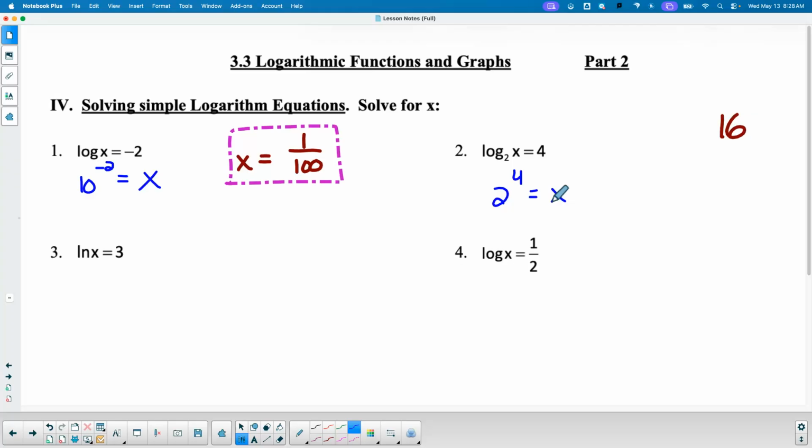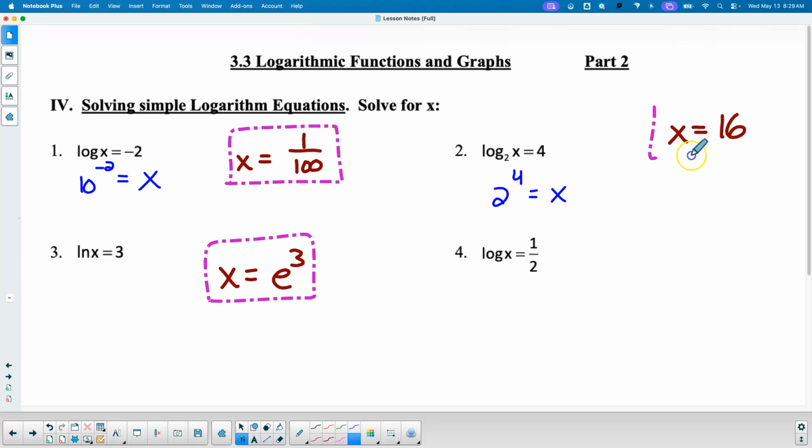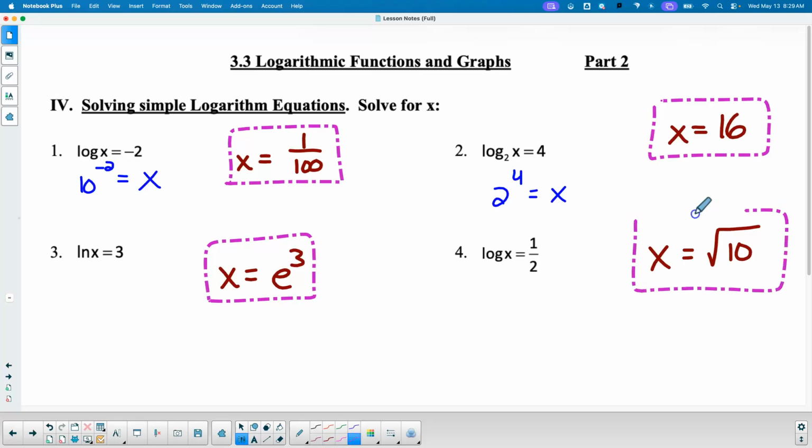E to the third. Number 4, square root of 10. I was about to say exact, and someone already beat me to it.